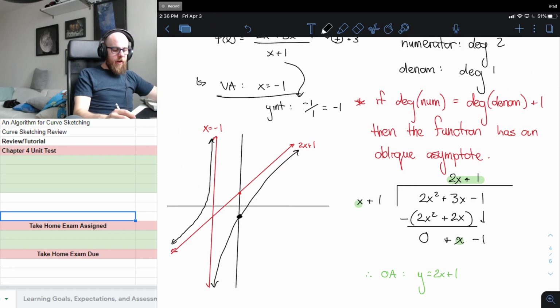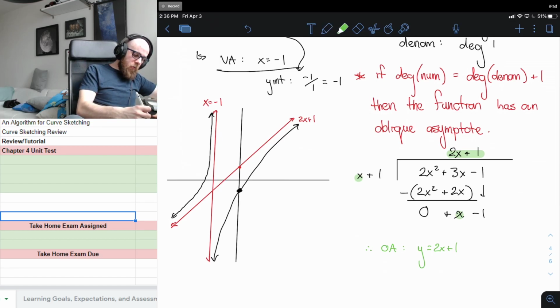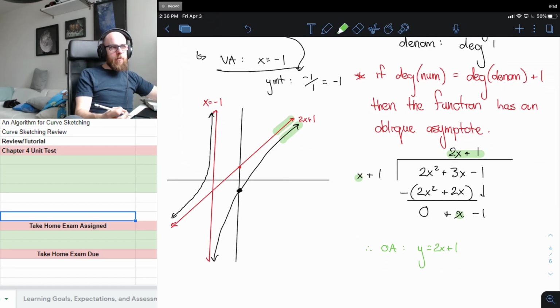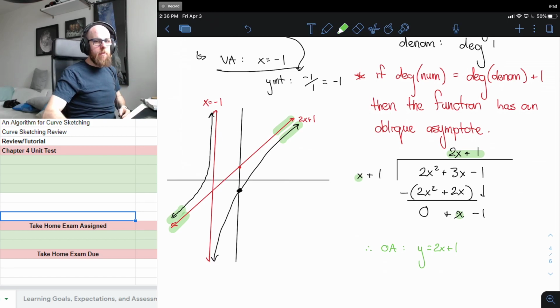All right. And one other cool thing that you can do: notice here that the function will stay below my oblique asymptote on the right-hand side. On the left-hand side, my function stays above the oblique asymptote.